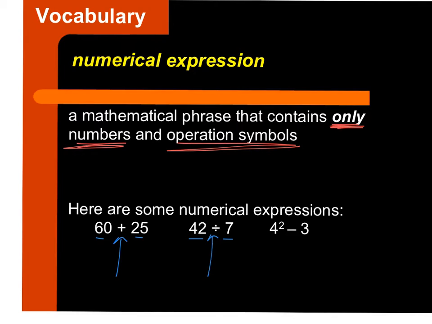Numbers, operation symbol. 4 squared minus 3. Numbers, operation symbols. Numerical expression. What word do you see in there? Number. So numerical expressions only contain numbers and operation symbols.